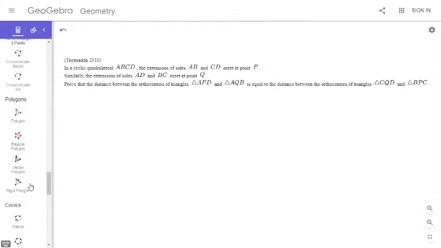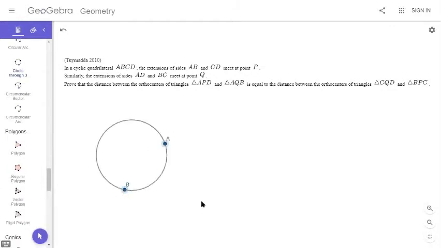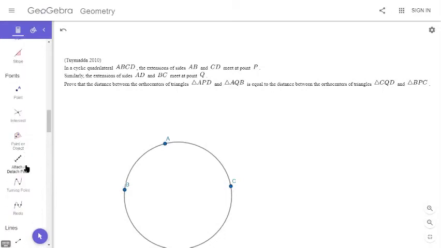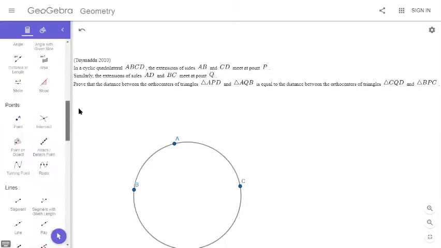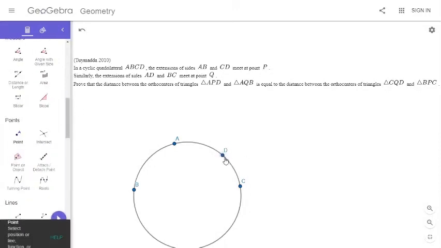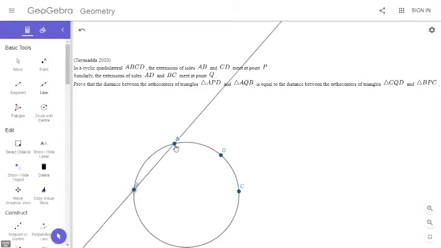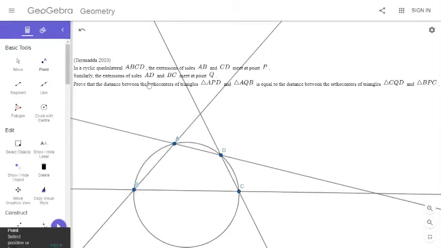We have a cyclic quad ABCD. Got some more choices here. AB and CD meet at P. AD and BC meet at Q. Very familiar configuration.